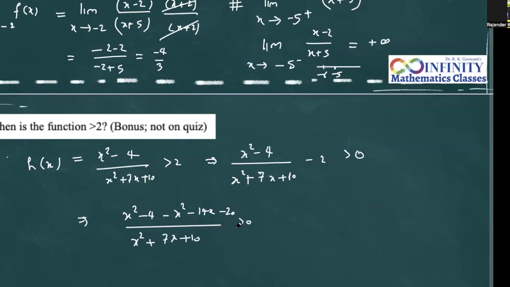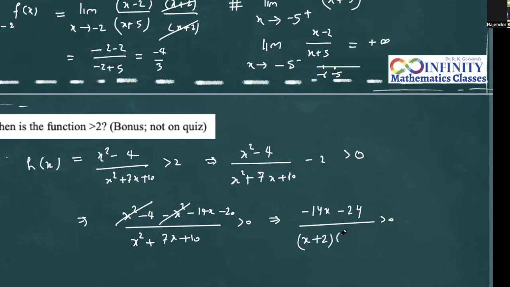Am I right? Can you simplify the numerator? X square cancels out. Is it going to be negative 14x negative 24? The denominator is going to be the same, x square plus 7x plus 10, that is, if you just take the factors, x plus 2, x plus 5.